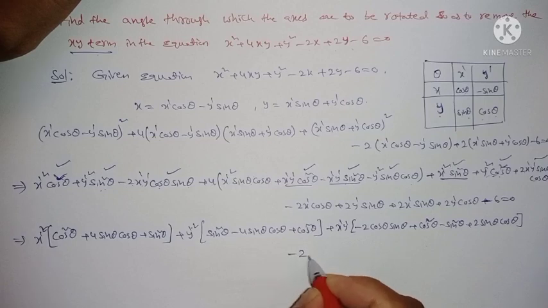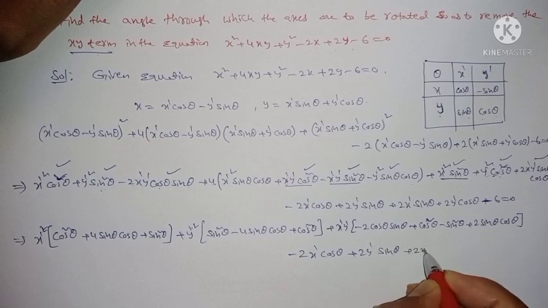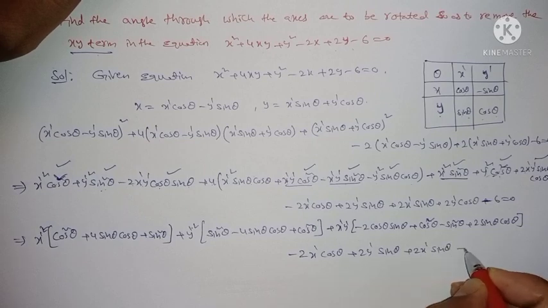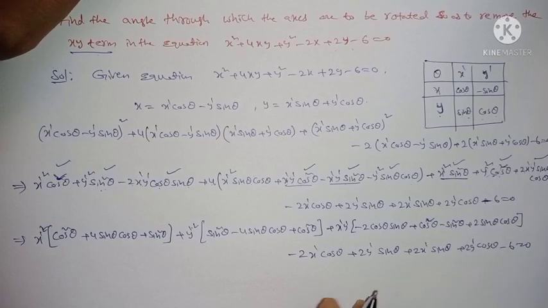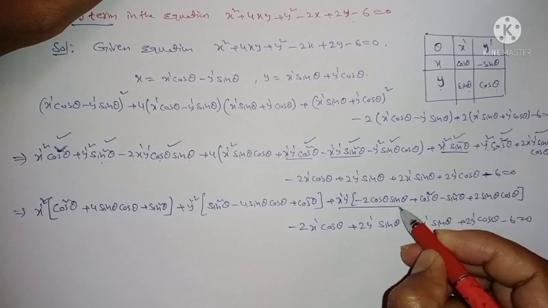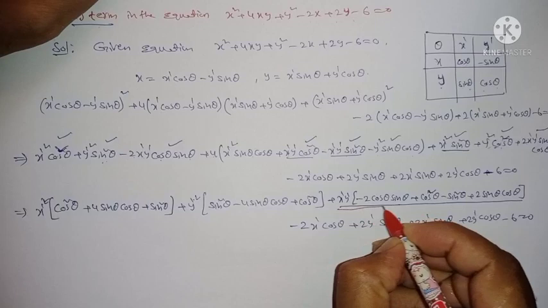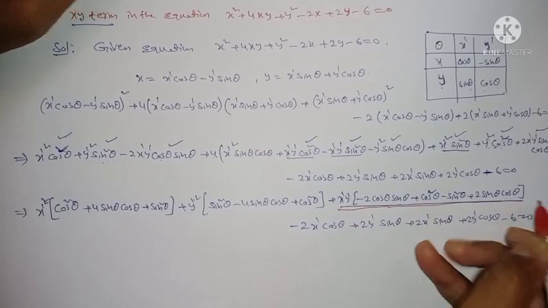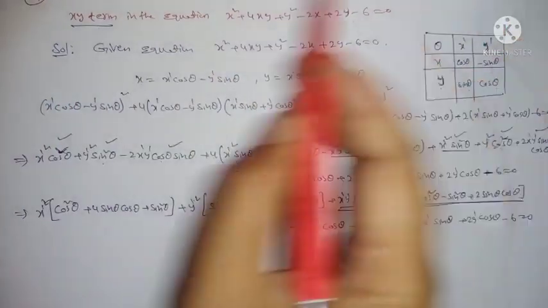The last term you can write directly: minus 2 x dash cos theta plus 2 y dash sin theta plus 2 x dash sin theta plus 2 y dash cos theta minus 6 is equal to 0. In this equation we want only the x dash y dash term, because in the given question the xy term is 0, we remove the xy term.